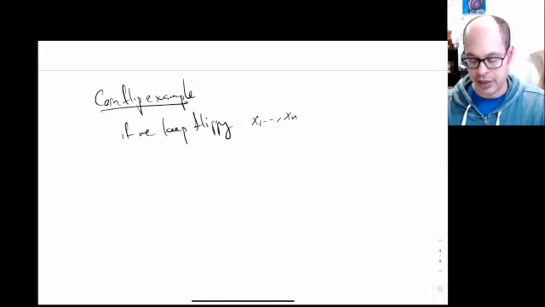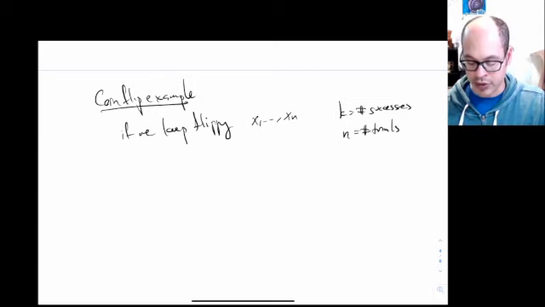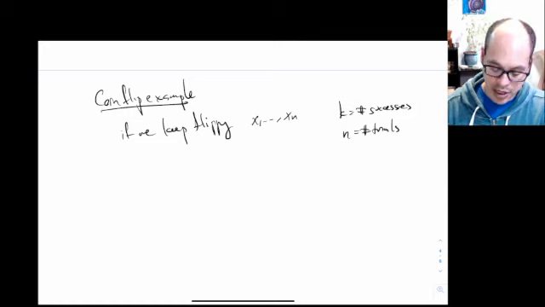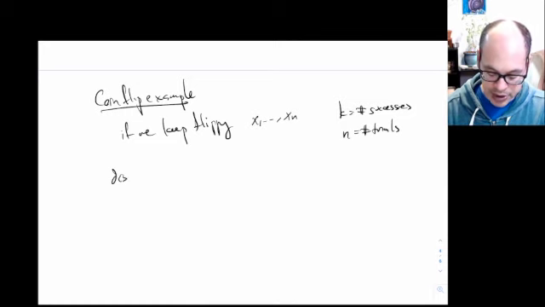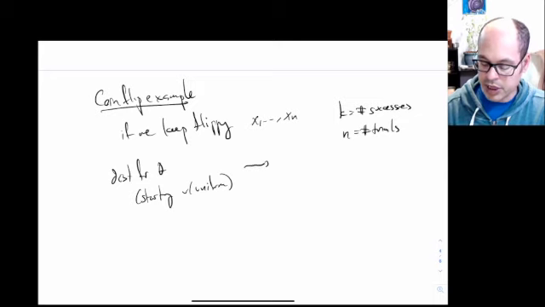Really all we care about is maybe k equals the number of successes. N is the number of trials. Of course, that's really what we're getting if you repeat that experiment: a binomial random variable. Then the distribution for theta, which starting at uniform, becomes a beta distribution.